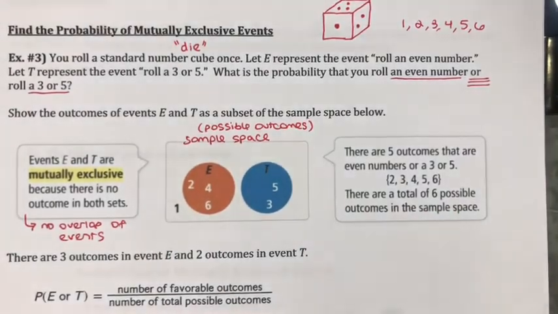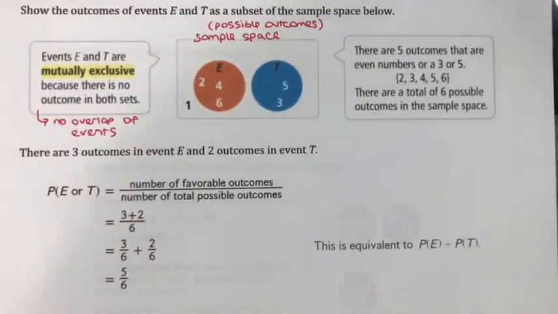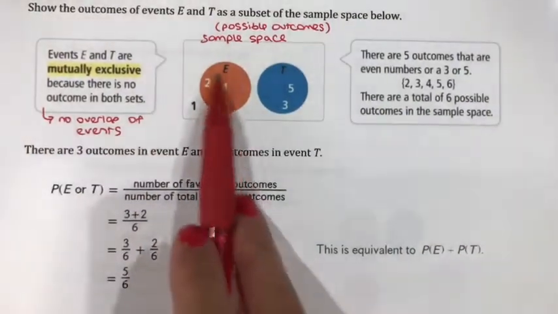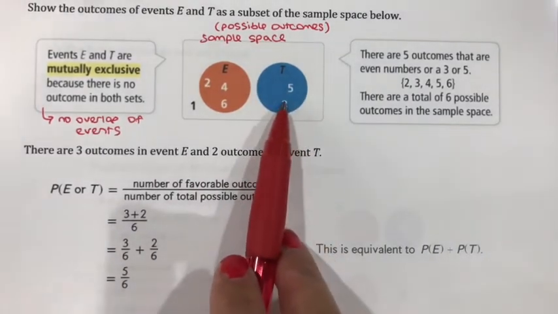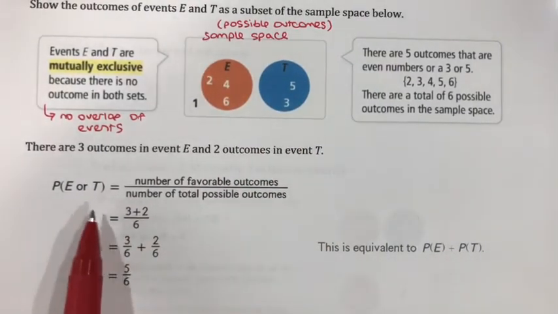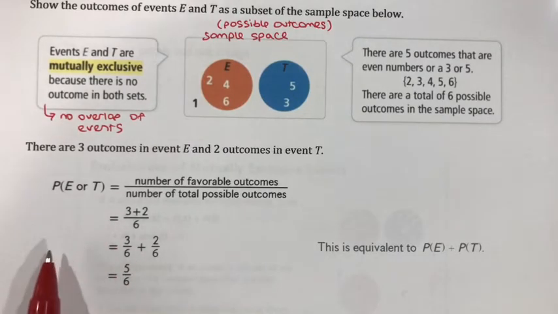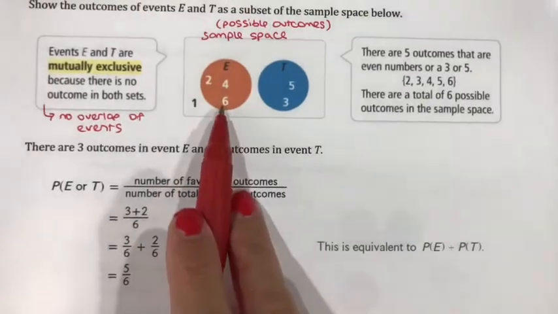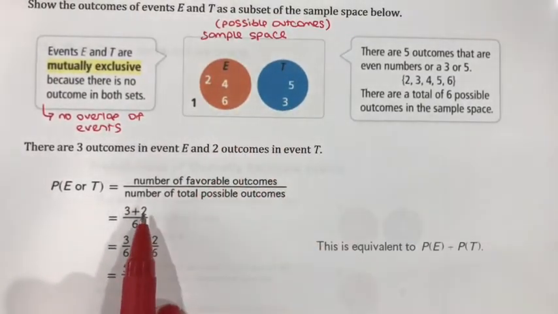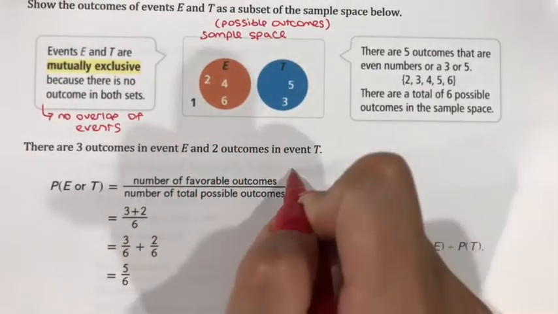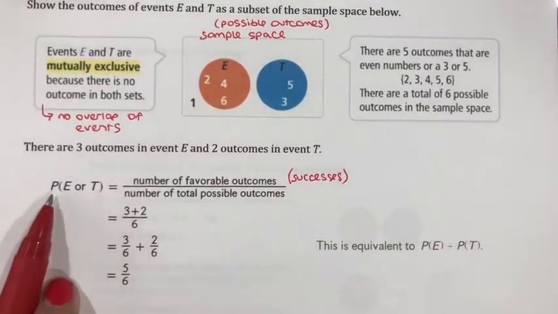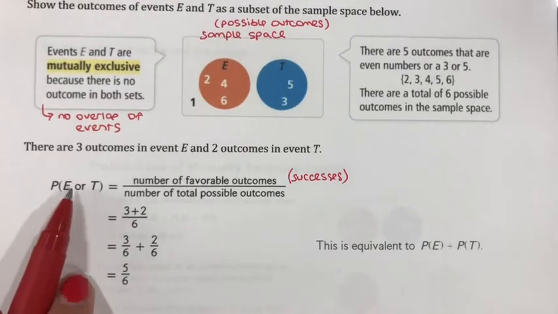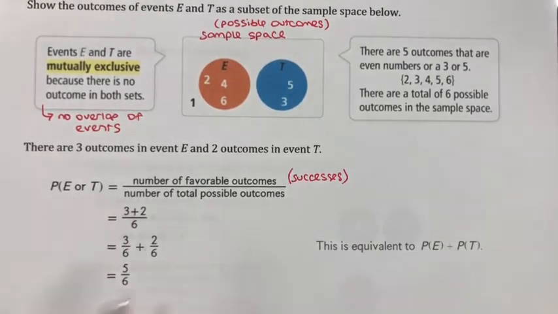Okay, so notice that there are 3 possible outcomes in E and 2 possible outcomes in T. So if we're looking for the total number of possible outcomes, we've got 3 plus 2, we'll put that in the numerator, those are these successes, because we want the probability of something either in E or T, okay?